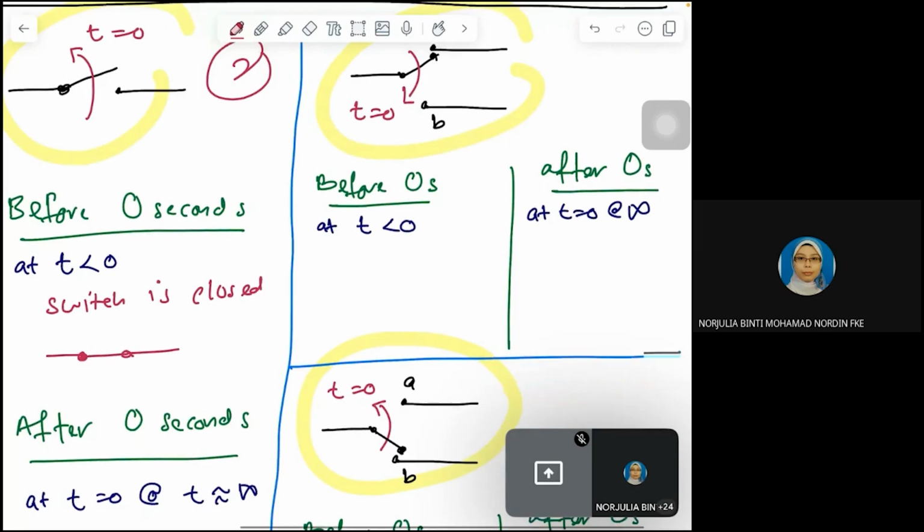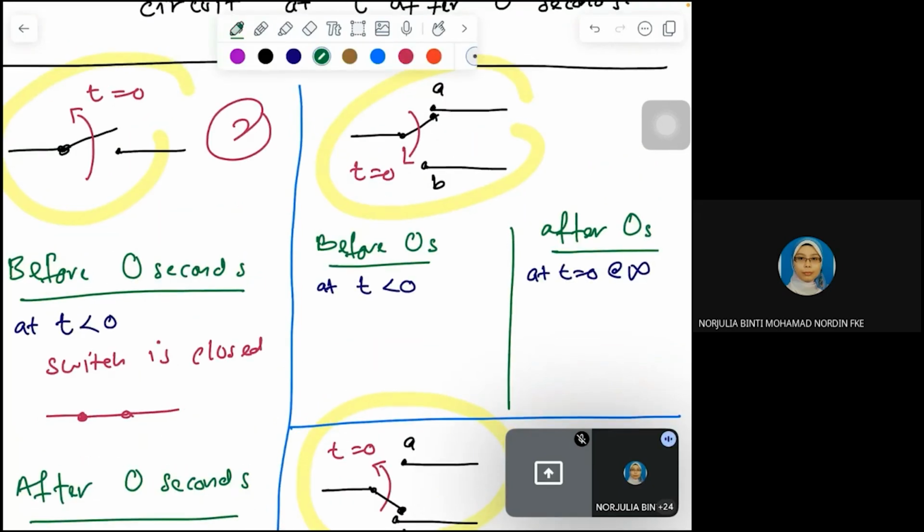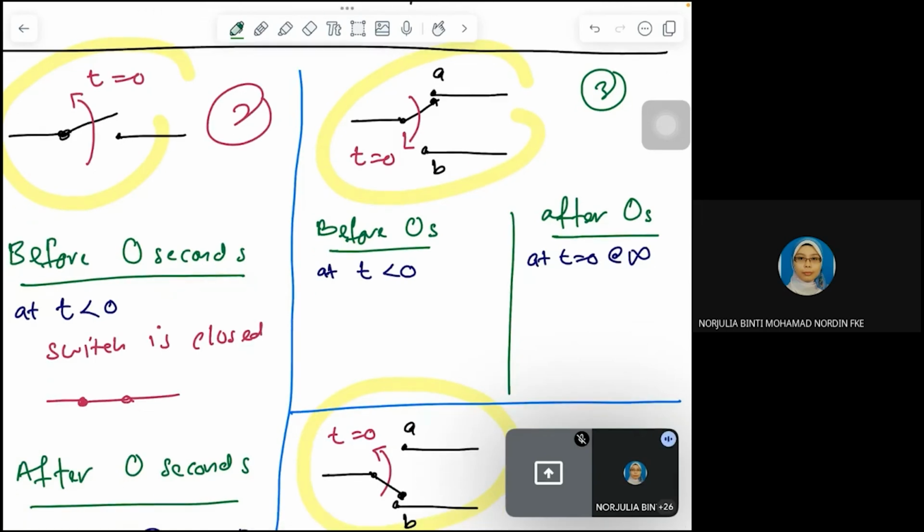Now let's move to switch number 3. For switch number 3, we have a double pole switch, where it can move from A to B or B to A. Based on this configuration, before 0, or t less than 0, the switch is located at A, and the switch will look like this.